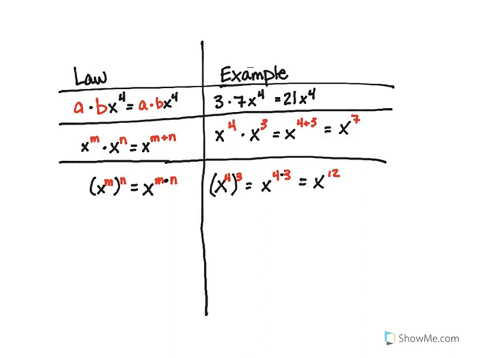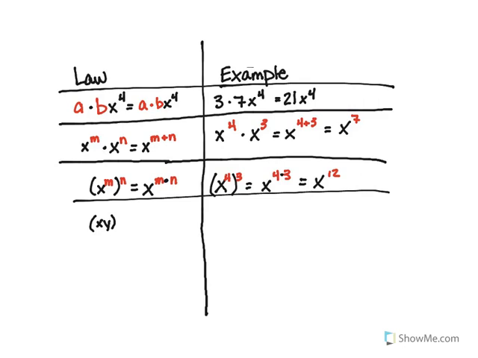Now, the very last thing that we're going to do today is when we have something in parentheses, but it's more than one thing. So on the one above that, we just had an x. Now we have an x and a y. We could have a number in there as well.